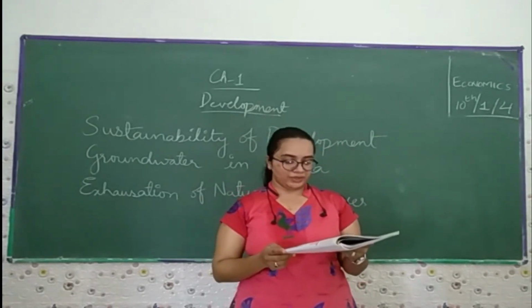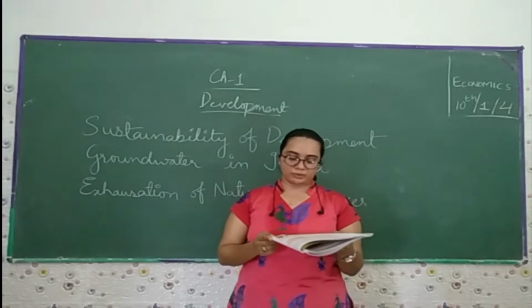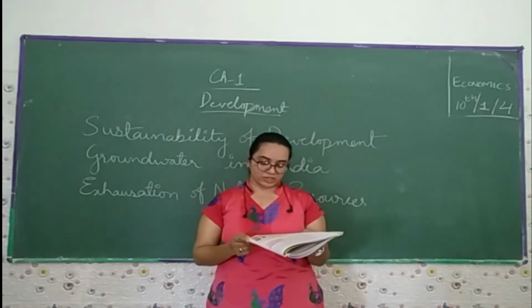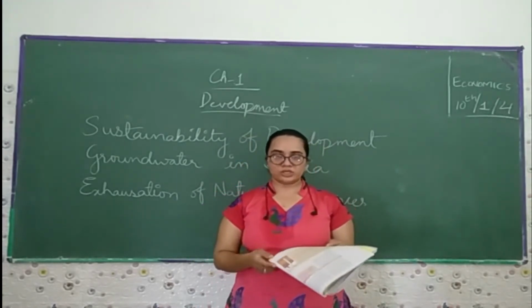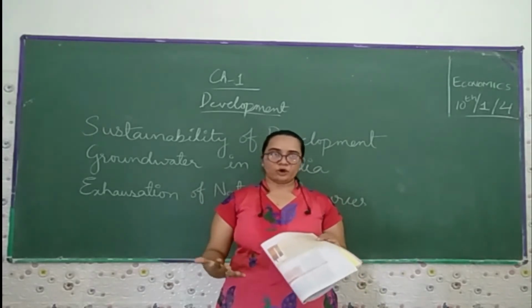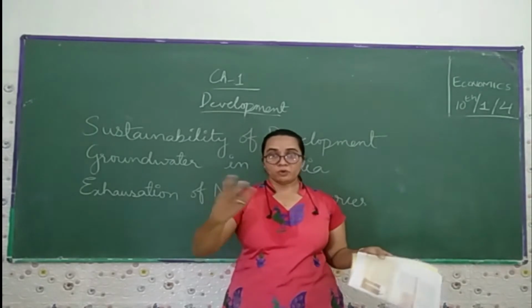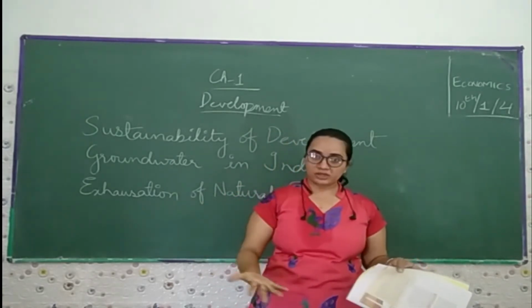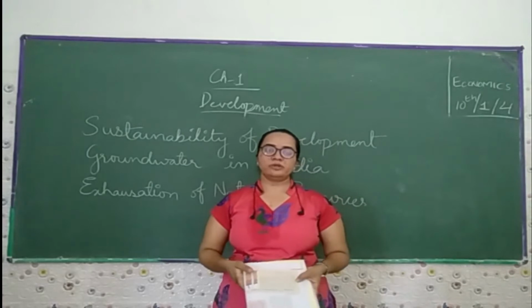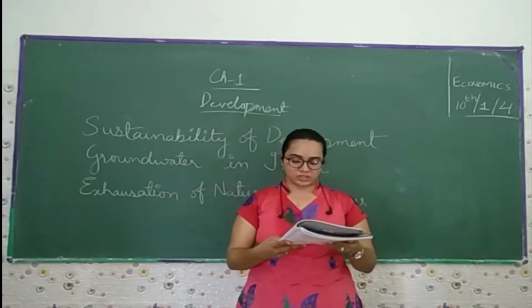In another 25 years, 60% of the country would be doing the same if the present way of using the resource continues. If we are using more and more of this water, then after 25 years, 60 percent of the water is going to be exhausted.